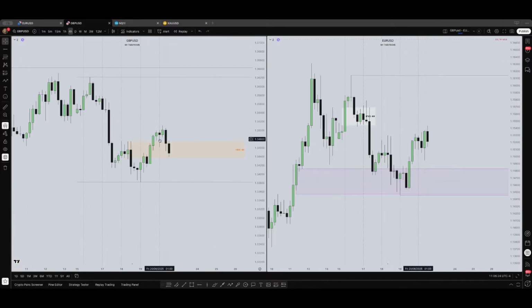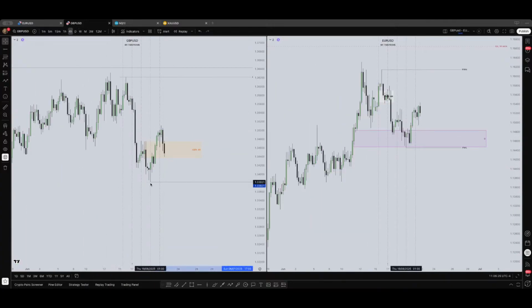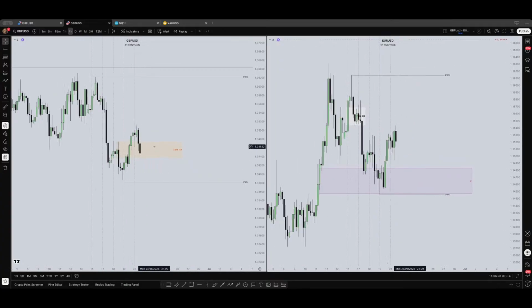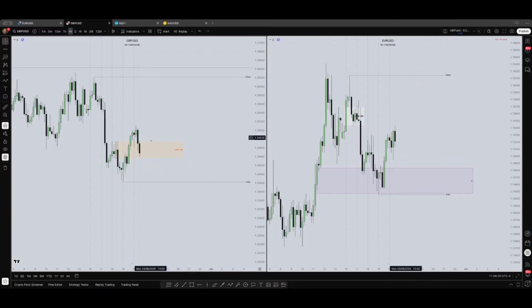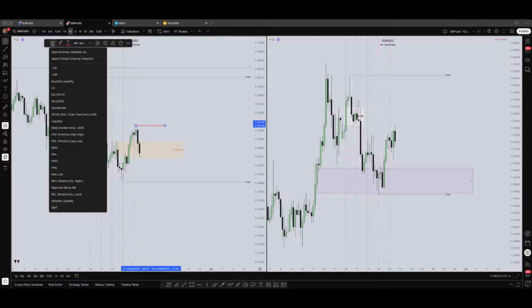I have this analysis in my head, I will share with you. So where is the obviously more level where liquidity is residing? For me, the nearest one, the previous, more obvious for me is this previous high. For me, this is buy side liquidity.